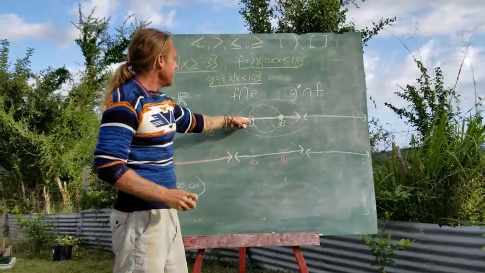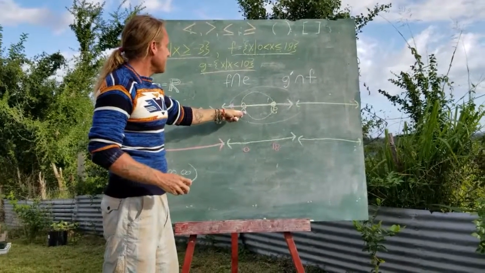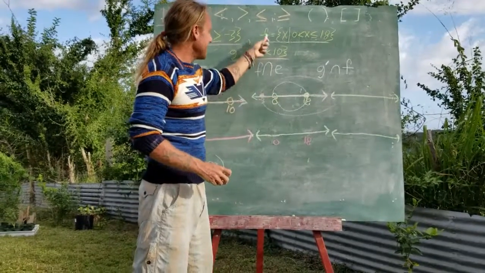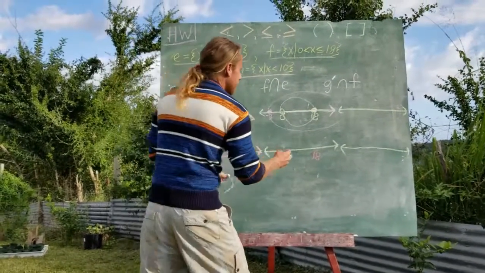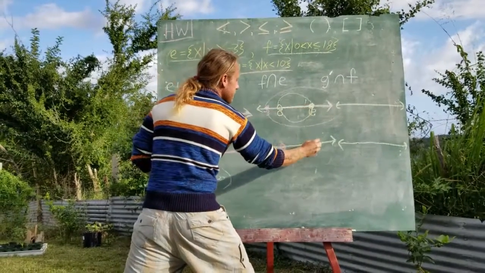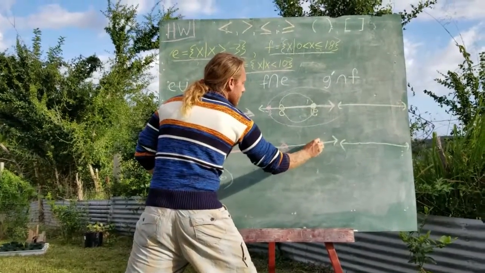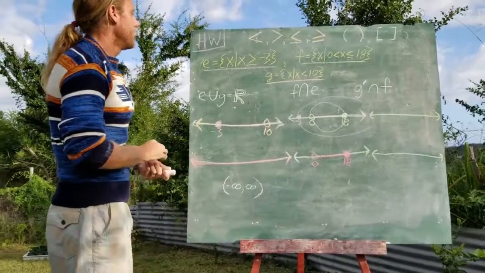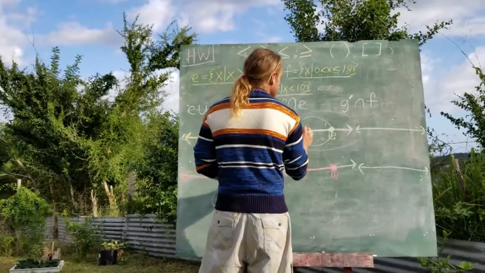Are we including 0? Well, 0 is in set E, but 0 is not in set F. So 0 is not included. 18 certainly is. And all of the elements in between.